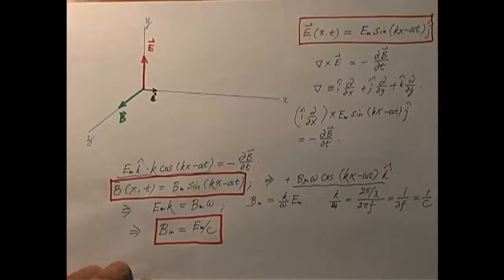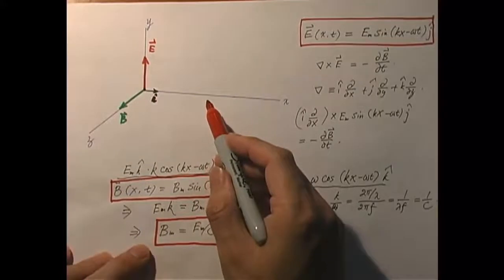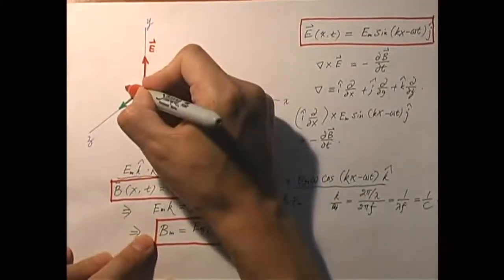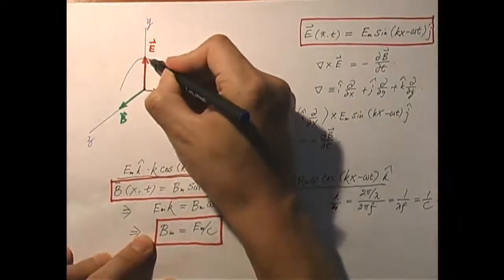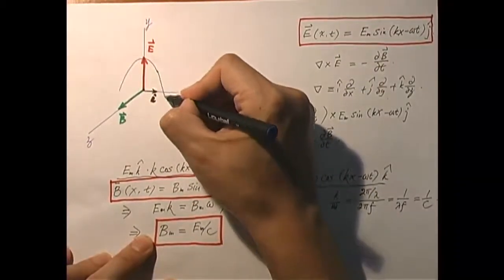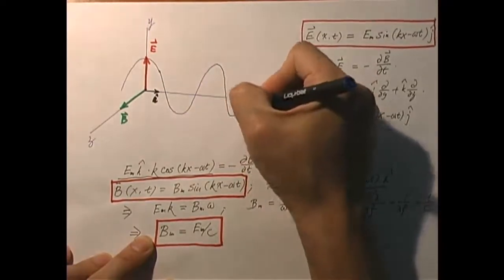So if I were to draw a visual picture of the electromagnetic wave at a given moment of time, what would I get? Well, at this very moment of time, if the electric field looks like this, it's a sine wave in the y direction, so it looks like this.